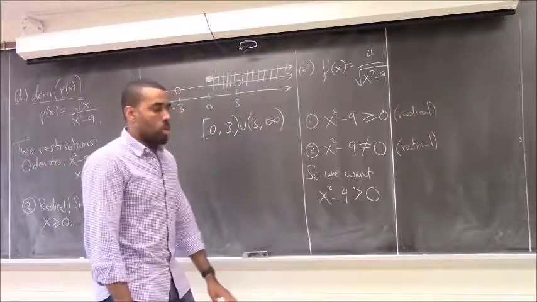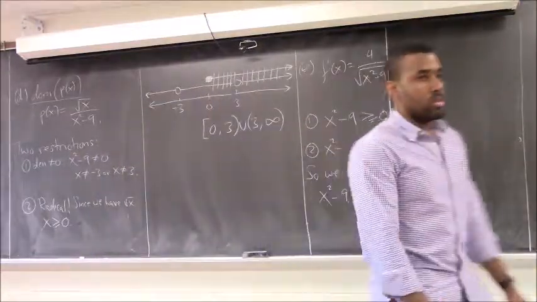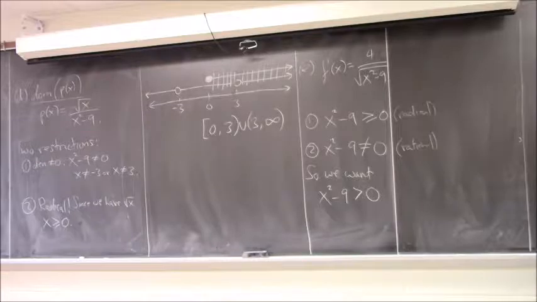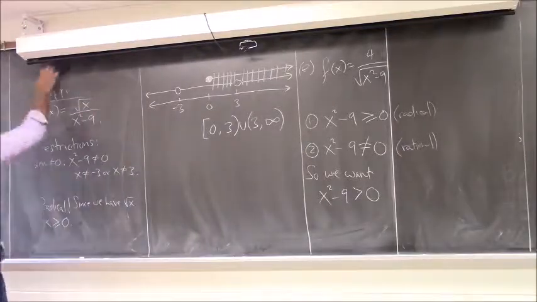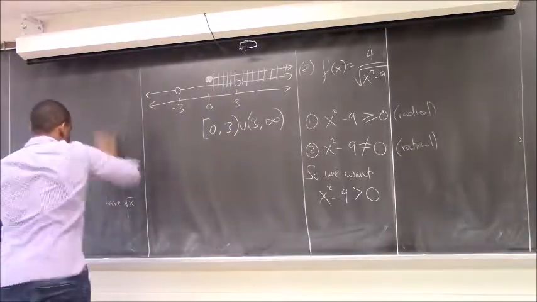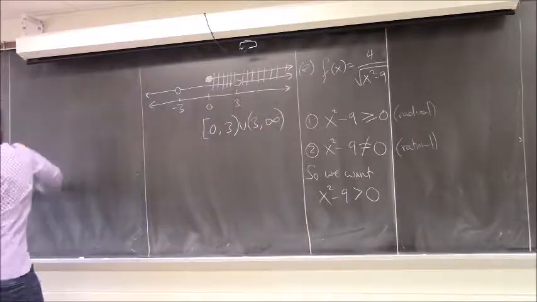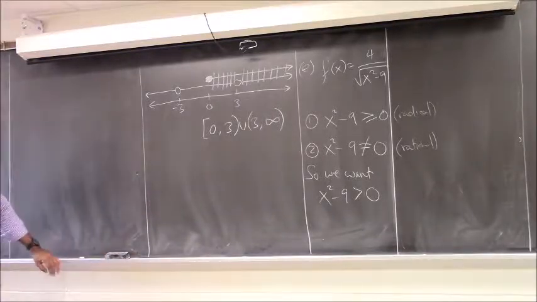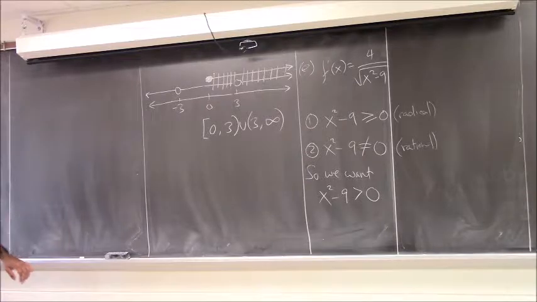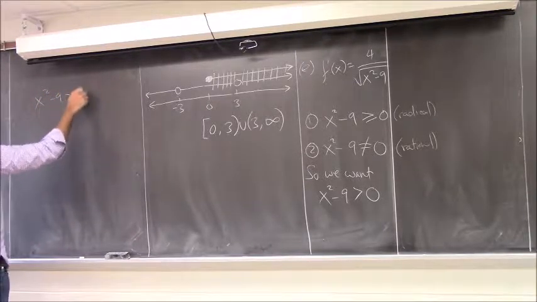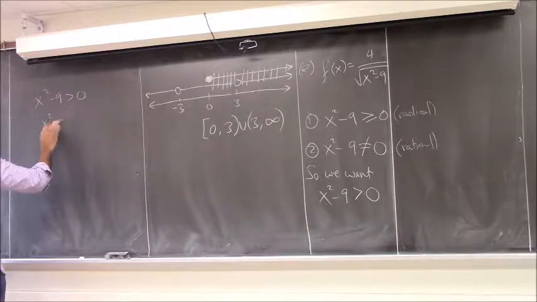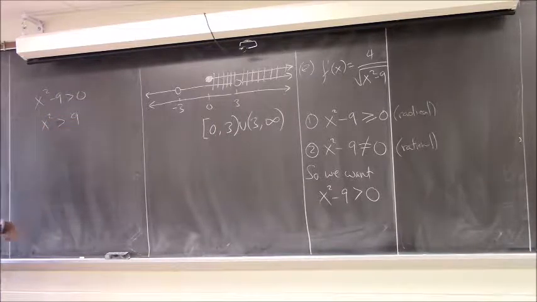So how would I know where x squared minus 9 is greater than 0 if I put them together? You have to solve for x. How do you solve an inequality? You isolate x, so you move 9 to the other side, and then square root it. So if you have x squared minus 9 greater than 0, you move 9 to the other side, x squared must be greater than 9, and then you square root it.